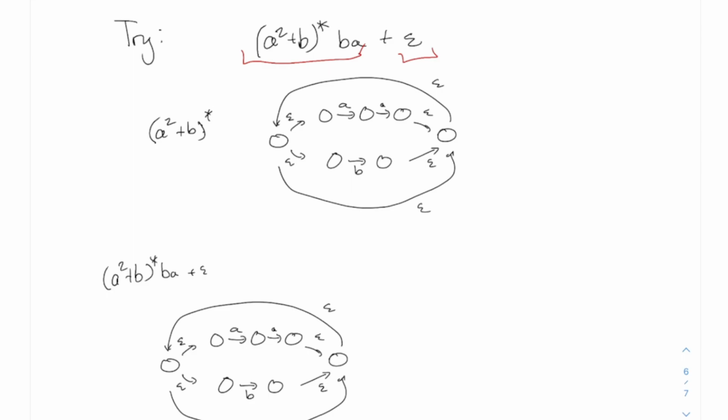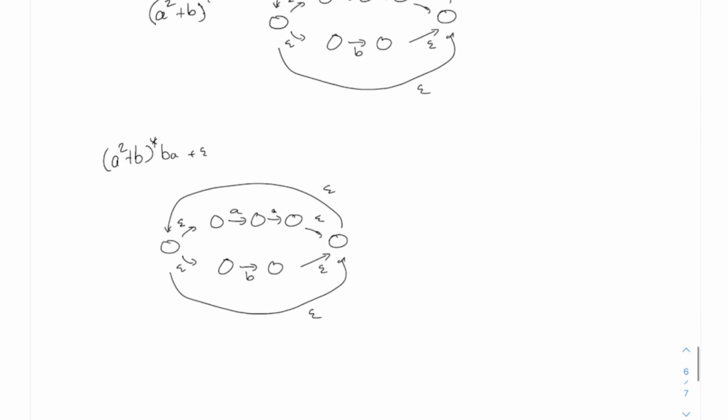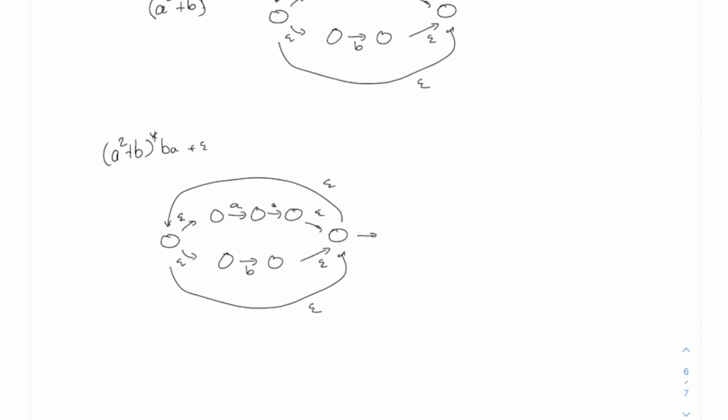So that's a squared plus b star. That's the most complicated part. What we need to see also is that thing concatenated with a B A, so that we can just do a B and then an A, right? Again, you might have extra epsilons in there if you want to follow precisely the construction. And then it's this plus epsilon. So it's all of that or epsilon.